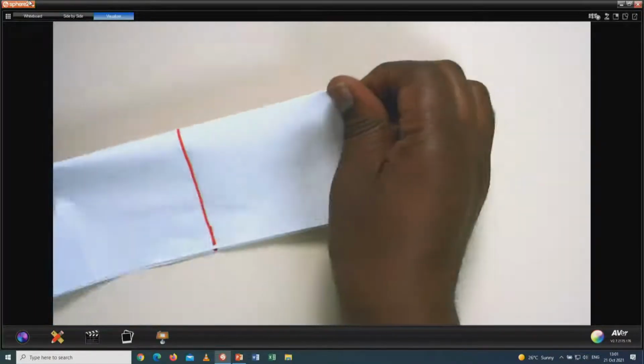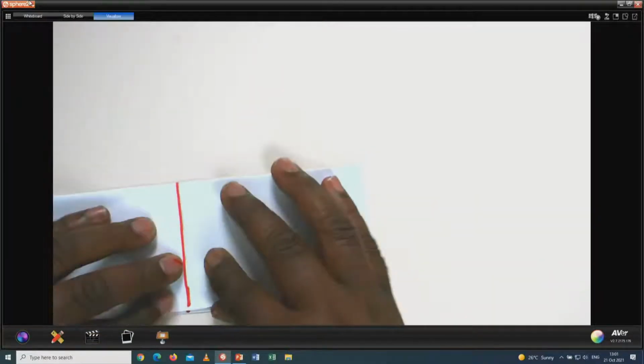Then when we fold it that way, the color is exactly the same shape, same size. That is our congruency.